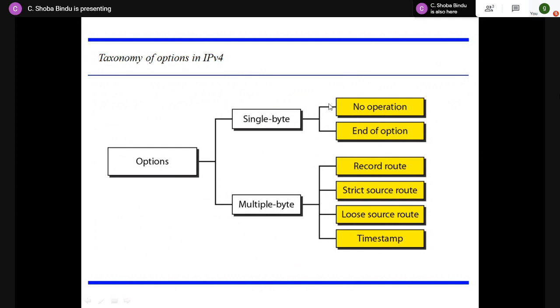One or more options can be used, and the total of these options should be limited to 40 bytes. All these options are mentioned in the optional field of the header. So the total length of the header can range from 20 to 60 bytes, where 20 bytes is the mandatory header and 40 bytes is the optional part.